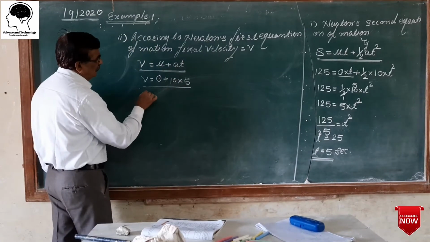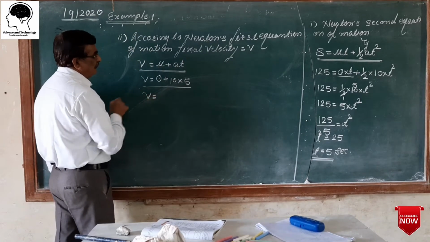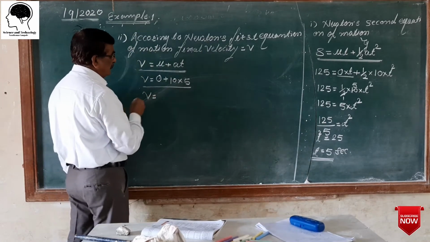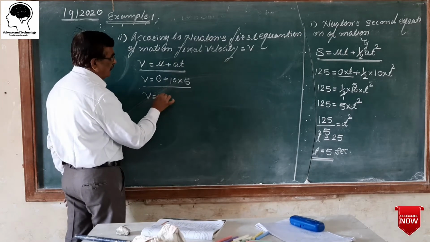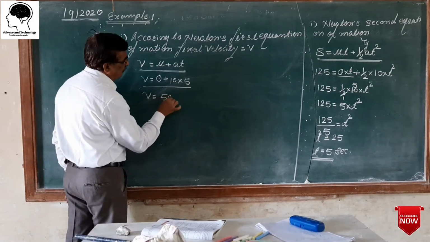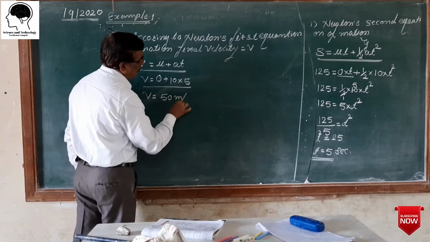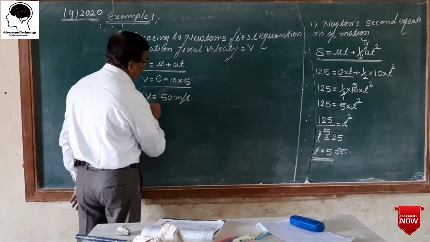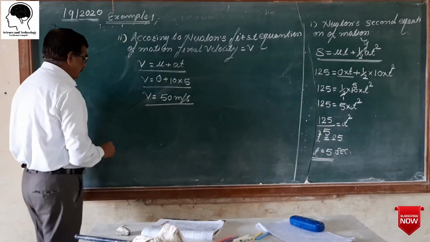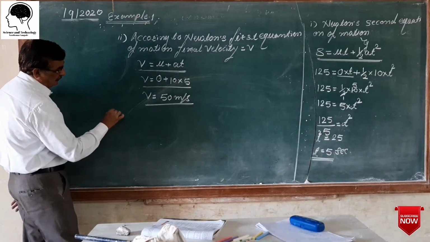So it's a simple question. We have to use it: 10 into 5 is 50 meter per second. It is the final velocity.